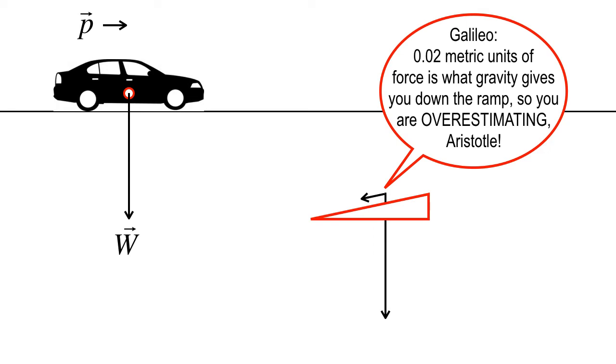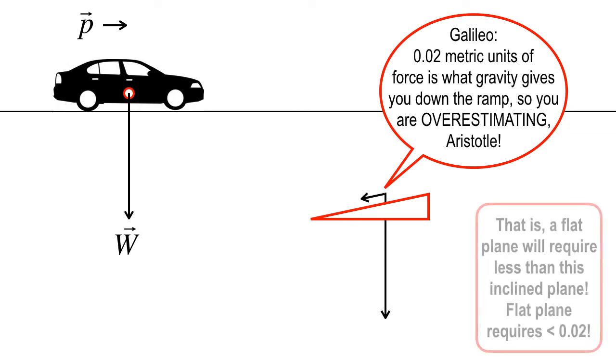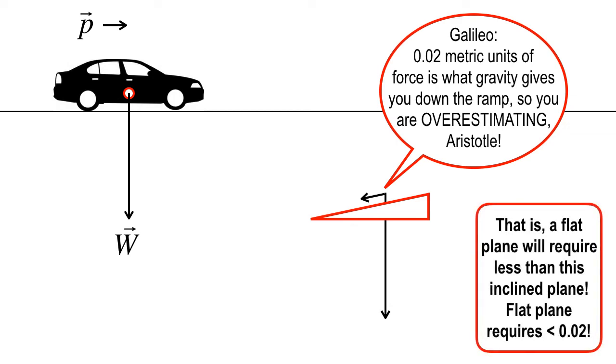That's way more than what a flat surface would take. So Galileo says, look, you're way off. You're way overestimating a flat. No matter what you have, a flat ramp, just a flat frictional surface, definitely is going to be less than 0.02. I mean, for a car of this size, 0.02 is way more than you need.